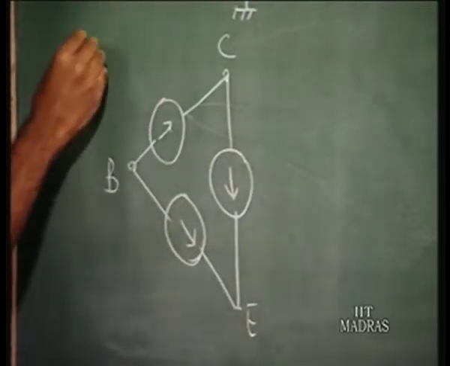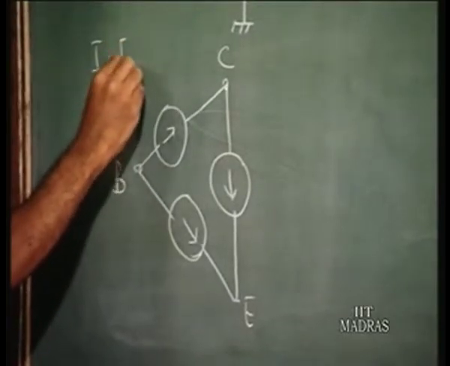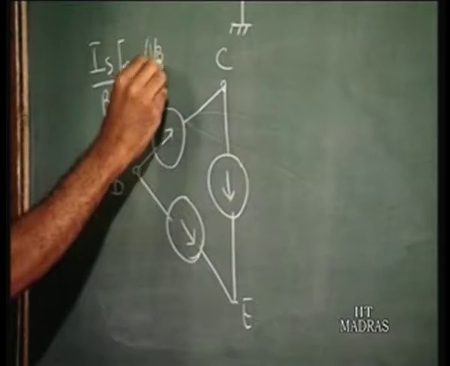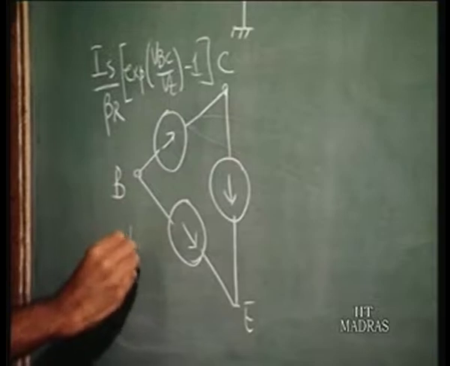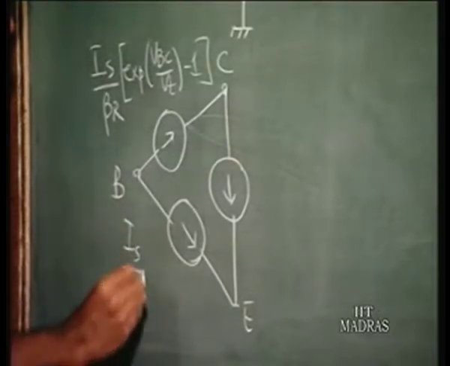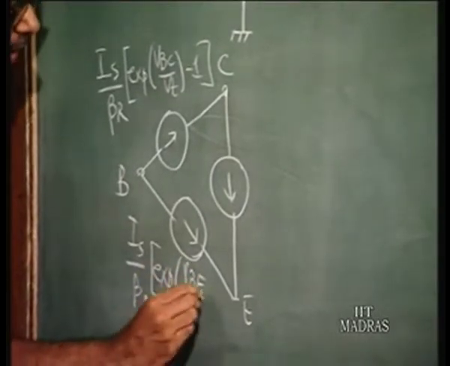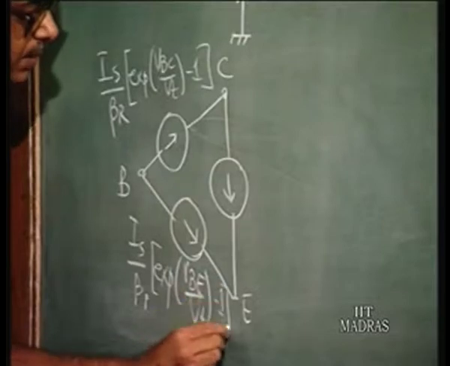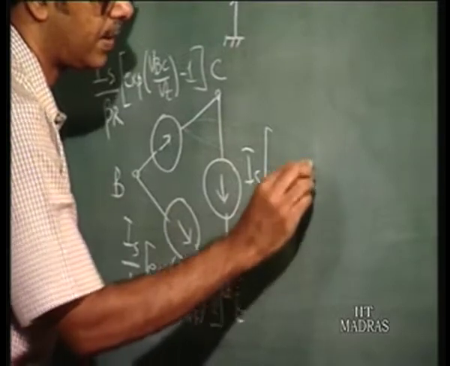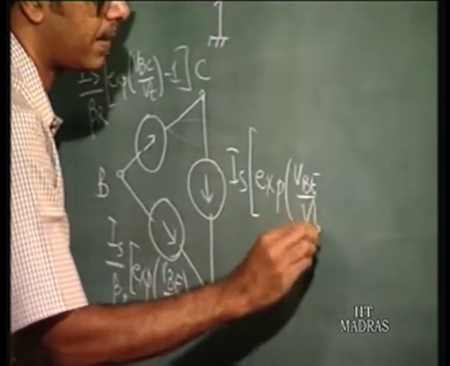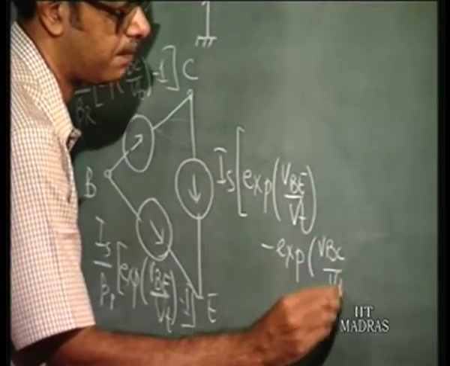So this current source is IS by beta R exponential VBC by VT minus 1. This one is IS by beta F exponential VBE by VT minus 1, and this is IS times exponential VBE by VT minus exponential VBC by VT.